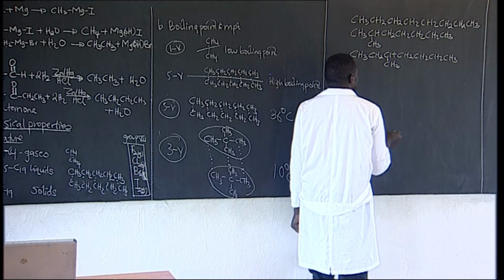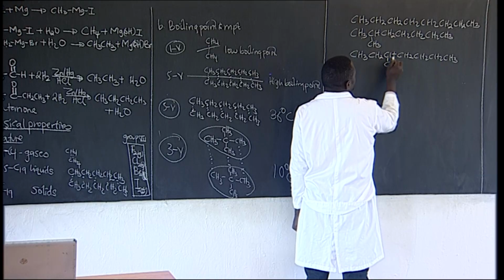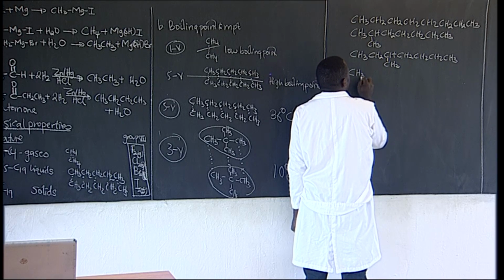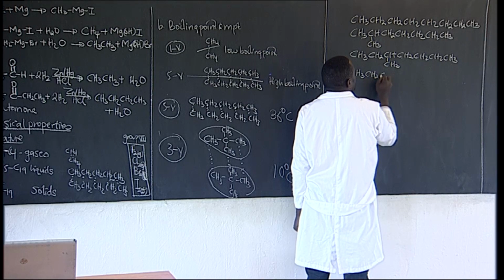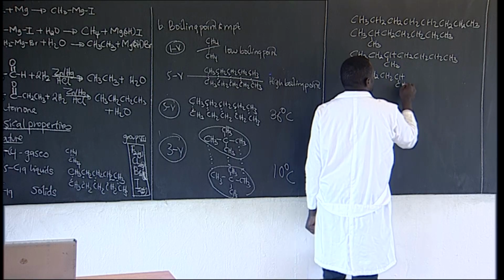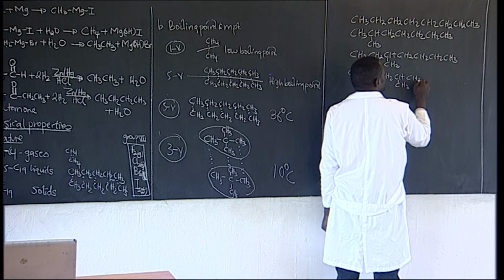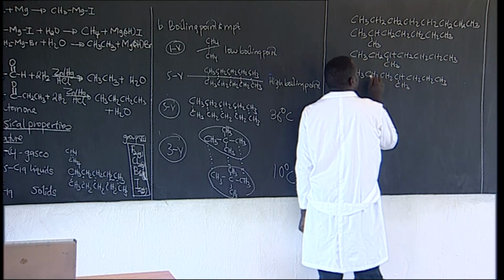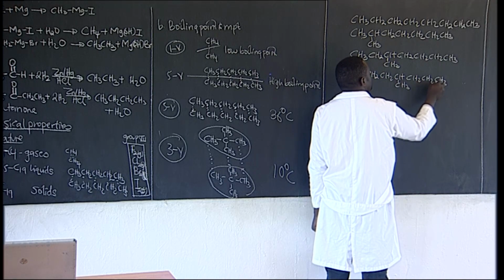So there are 8. We can also put another isomer here. These are all different isomers with one branch. So we say 1, 2, 3, 4, 5, 6, 7, 8.